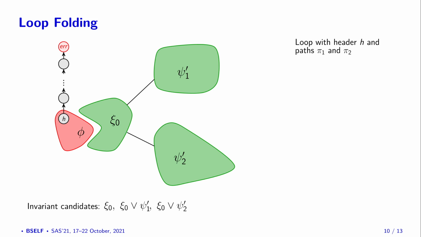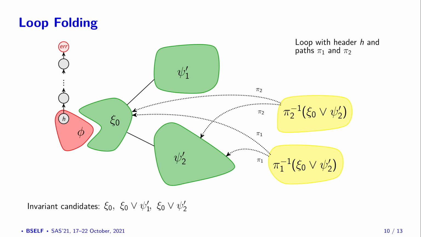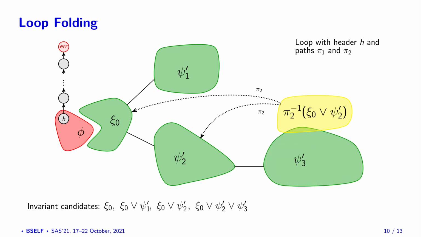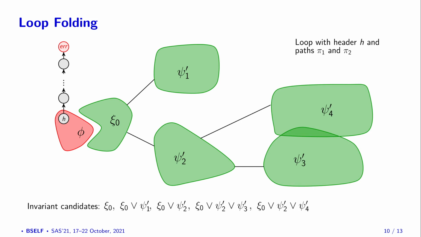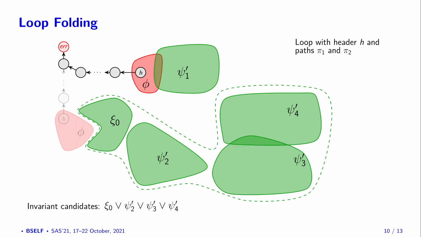If neither of them is an invariant, we continue the process by computing the preimage of the lastly created invariant candidates. And this way we continue creating new candidates until we either find an invariant or we hit some bound. If we hit a bound, we give up loop folding, but we store all the candidates for further use.